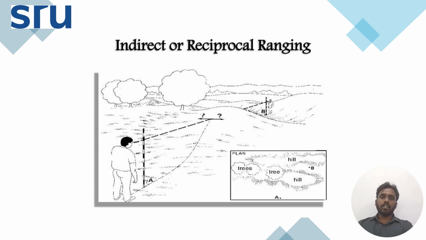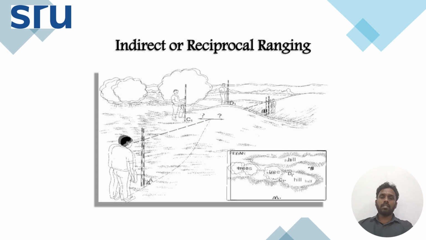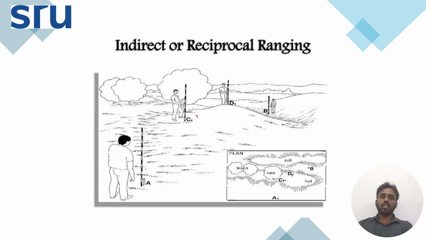So first they will fix two intermediate points, C1 and D1, at some other point. You need more persons to accommodate this particular ranging. First, from point A, he will see point D, because from A, C and D should be visible. From B, also C1 and D1 should be visible.